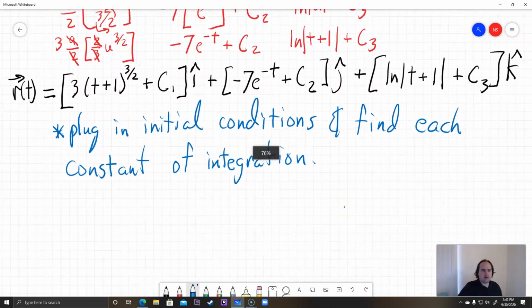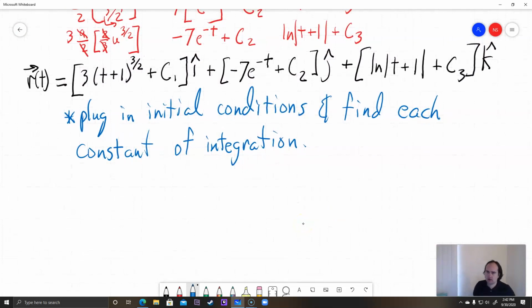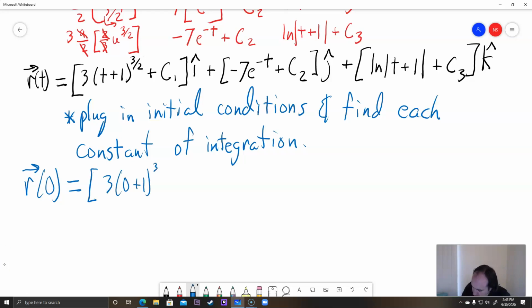All right, so looking at this whole function, give myself a lot of room here. Looking at that whole function, we know with our initial conditions, we have that r of 0 is equal to k. But plugging in 0 means we're going to replace every single t here with 0. Okay, so for the first component, we're going to have 3 times 0 plus 1, quantity to the 3 halves, plus C1, times i.